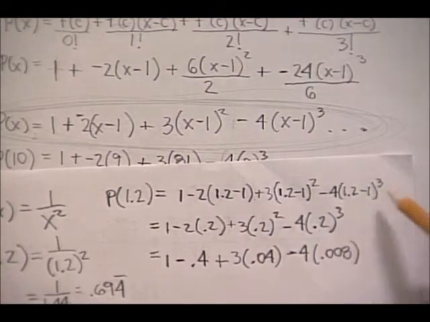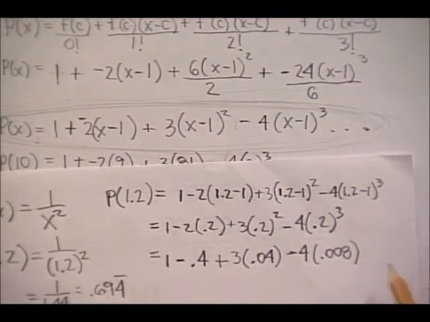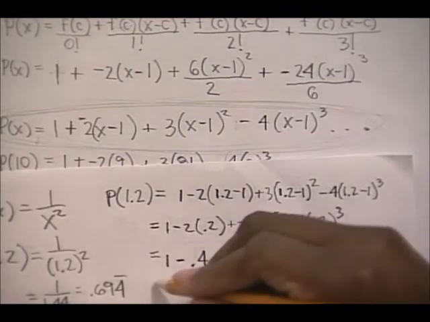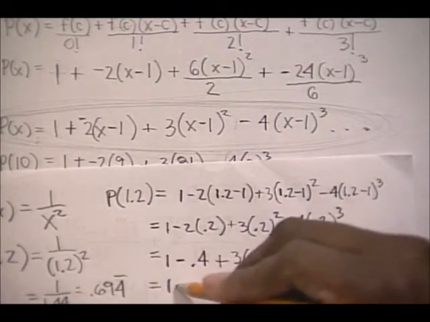I just took 0.2 times itself 3 times and got 0.008.